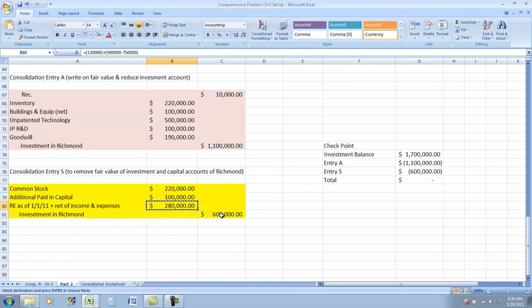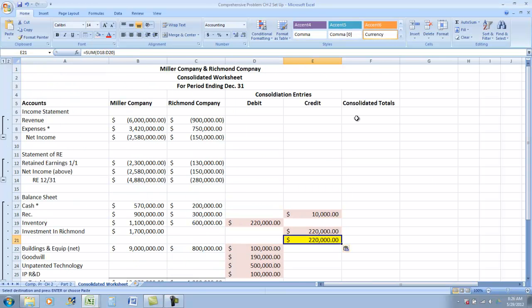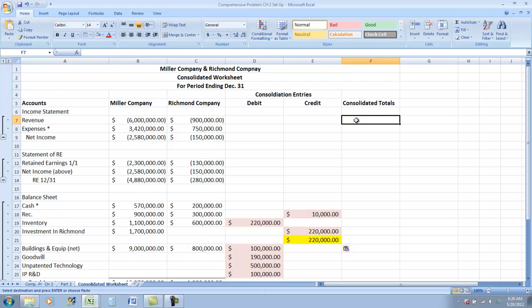And I'm going to credit investment in Richmond. Now, when we do consolidated totals on revenues and expenses, we do not do the subsidiary because the revenues and expenses that we did for the subsidiary, this 150, is already included in retained earnings, and we're going to get rid of it in a different location.